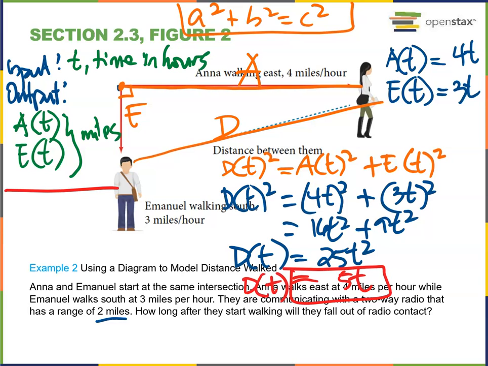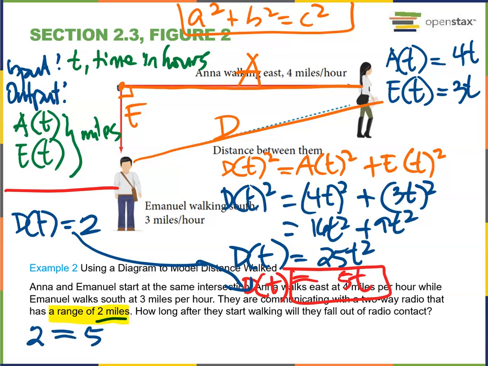Next, it says here they are communicating with a two-way radio that has a range of 2 miles. So we can say that d of t is equal to 2. And since we have d of t equals 5t, we substitute this here. So 2 equals 5t.